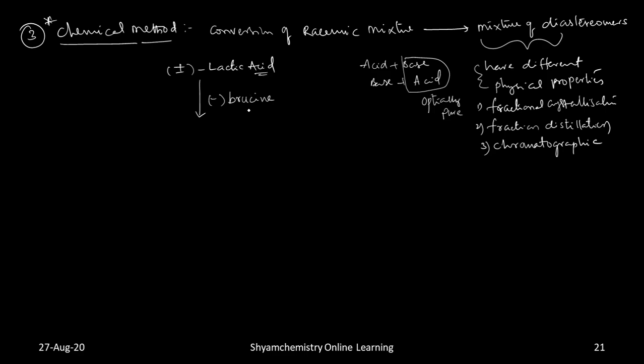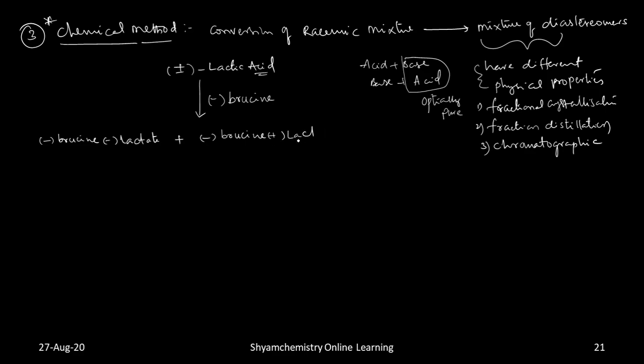This brucine reacts with both enantiomers of the racemic mixture, giving minus brucine minus lactate and minus brucine plus lactate.